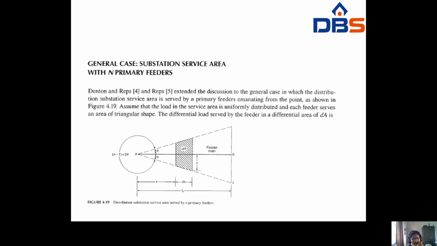So here you have to see the substation service area with n primary feeders. Whenever the substation service area is surrounded by n feeders emanating from the point, assume that the load in the service area is uniformly distributed and each feeder serves an area of triangular shape.